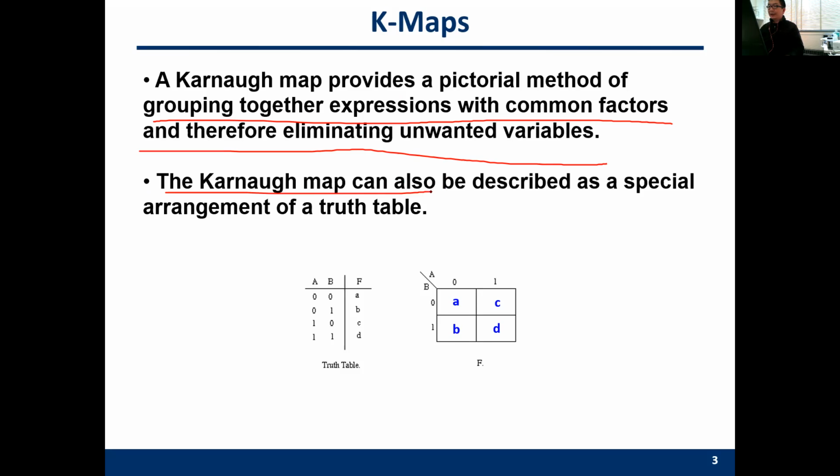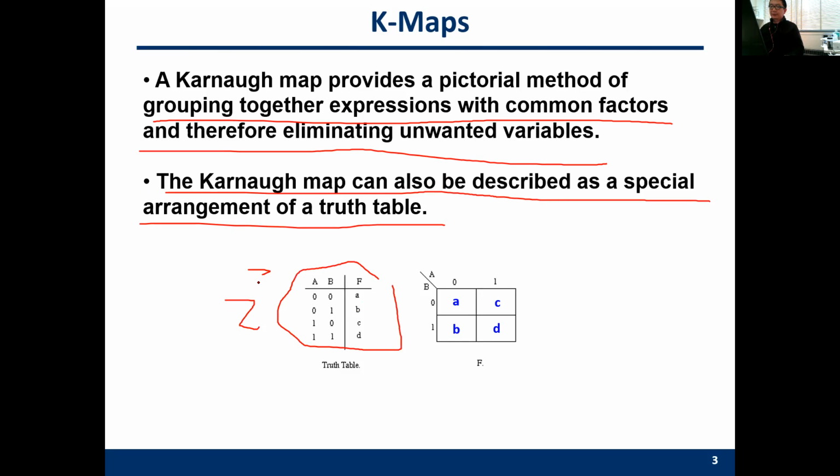So the K-map can also be described as a spatial arrangement of a truth table. You can see you have a truth table here. This is a 2 variable truth table. 2 variables indicate 2 to the 2, which is 4 rows here. And we can redraw the truth table like this.